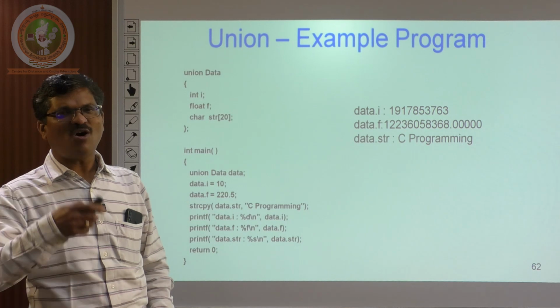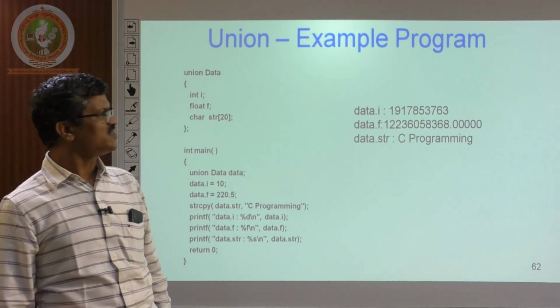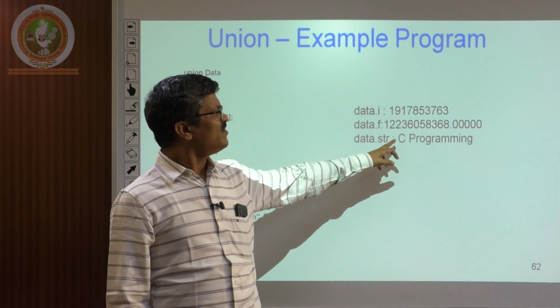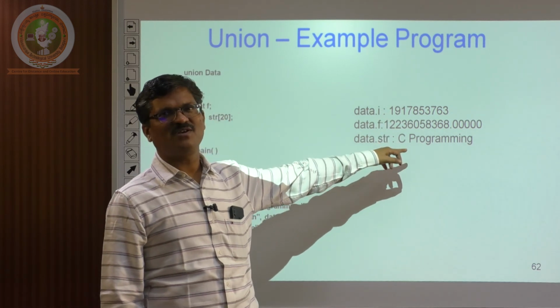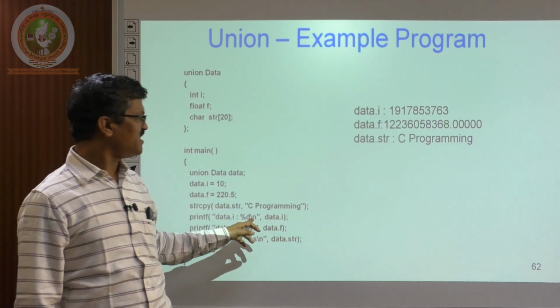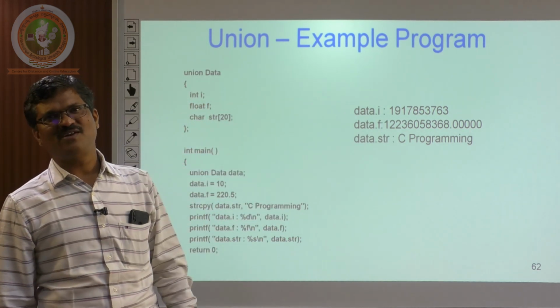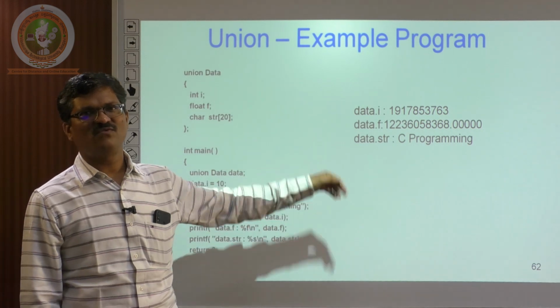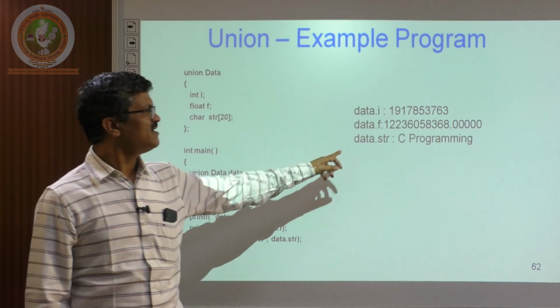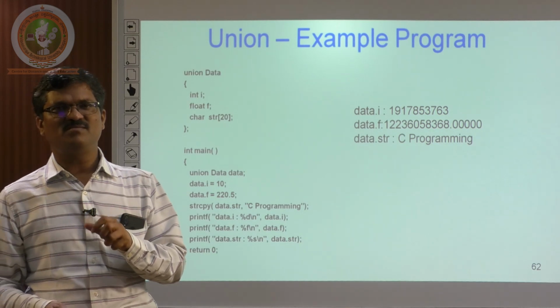So, since all the three members are pointing to the same memory location, the actual value stored now is C programming, but since we are trying to print data.i as an integer, we get some corresponding integer value and some float value, and this is the actual value presently available in the memory location.